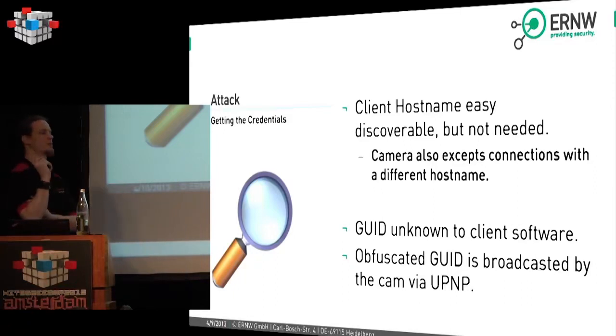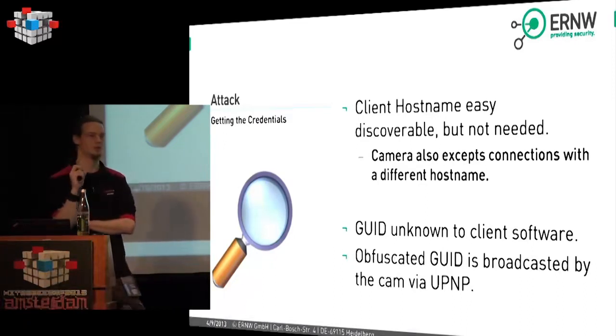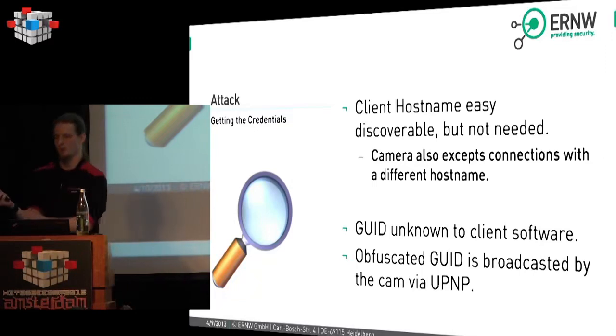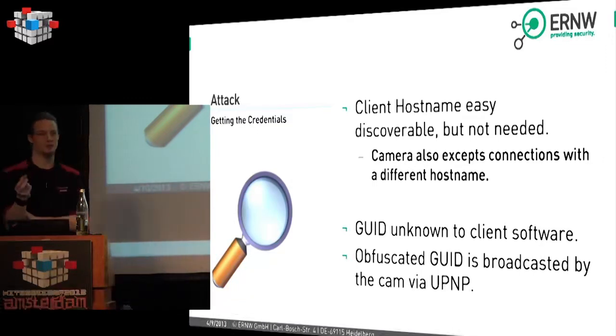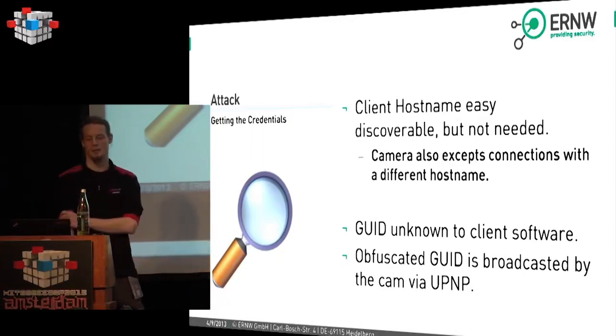So you just have to listen for a while in the network, and you see all the hosts that are connected to the network, including their host names. So given that the camera is in an environment where it was paired initially, you could imagine that also the host is present in the network. So you just have to try all the host names you see in the network.